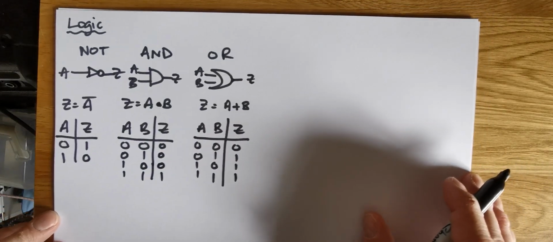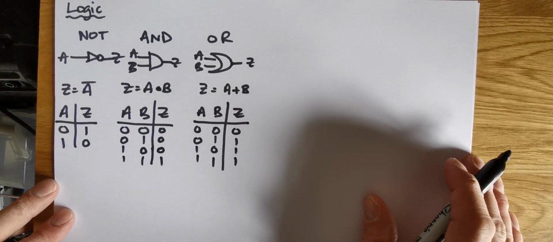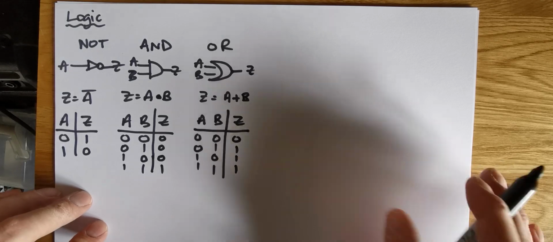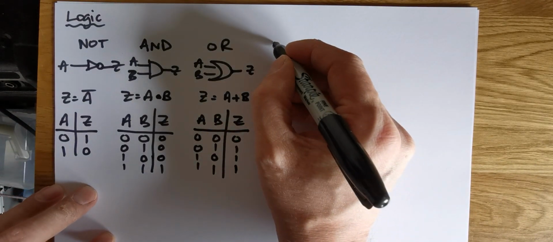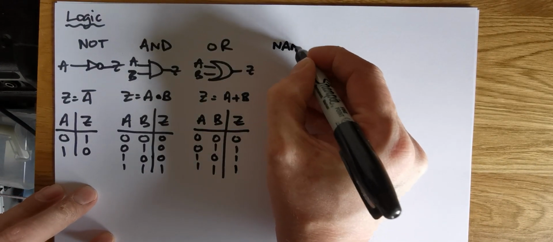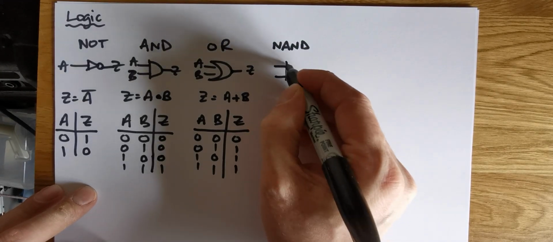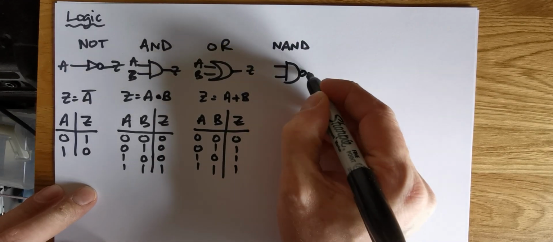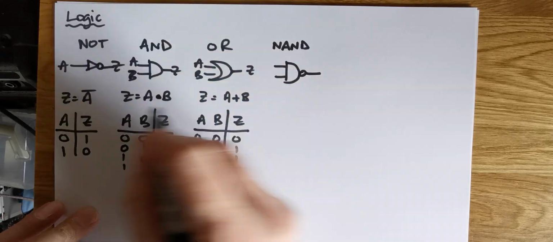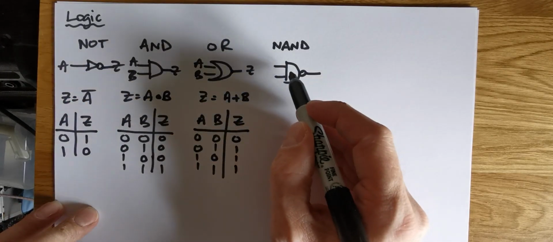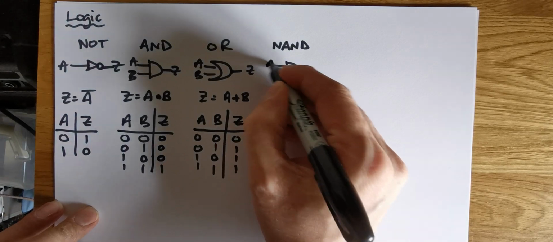We added some gates in Higher. The gates that we added in Higher were the NAND gate. So that N stands for not and. It was drawn that way, a circle on the end, in just the same way the inverter is. So it's almost like an AND gate with an inverter inside it, not and.